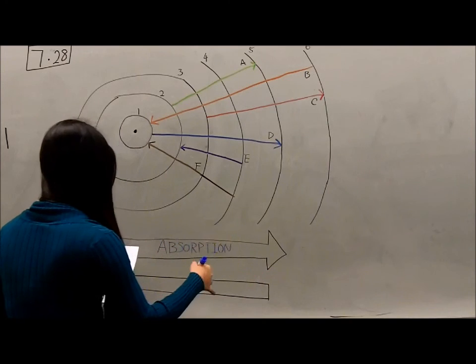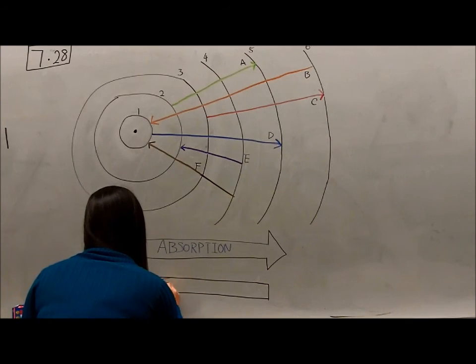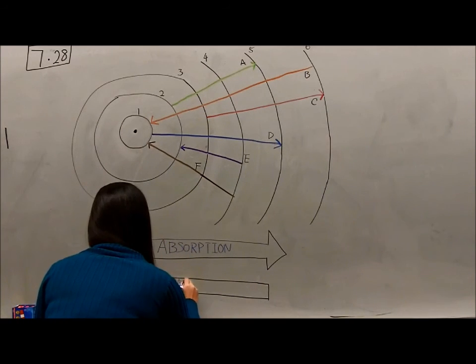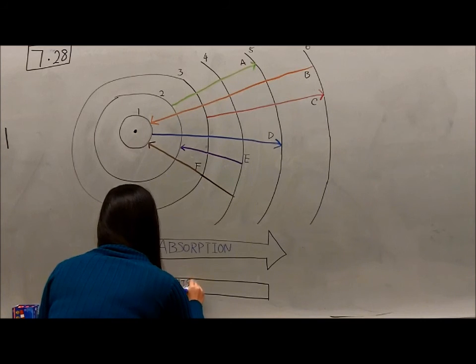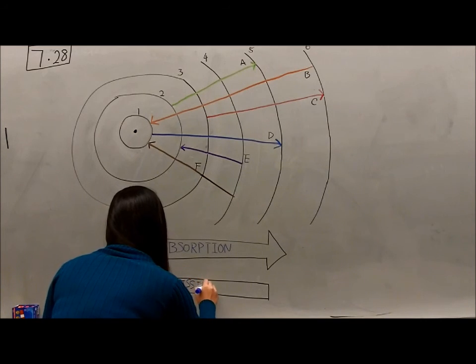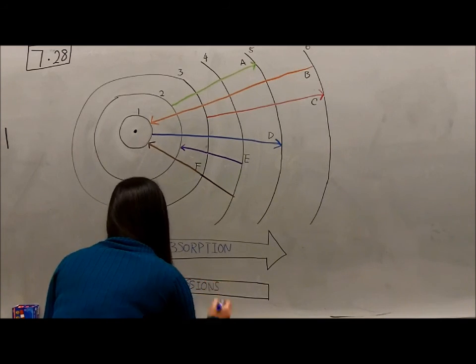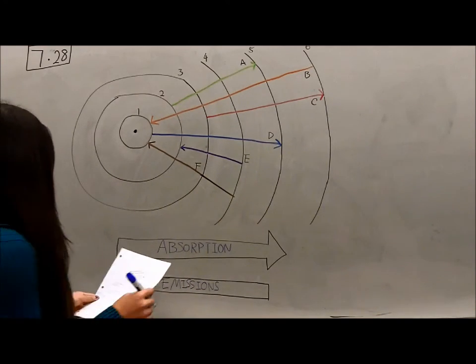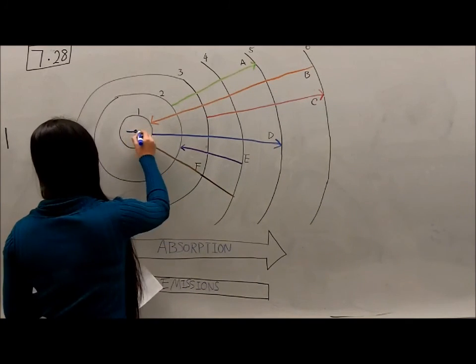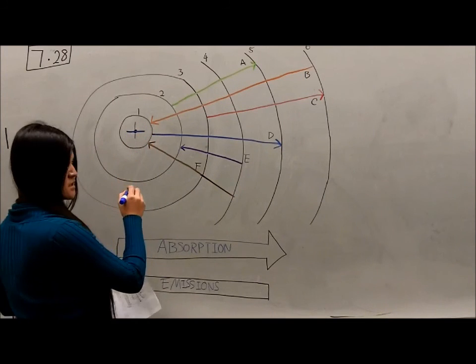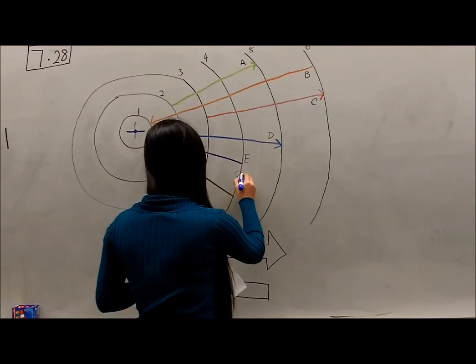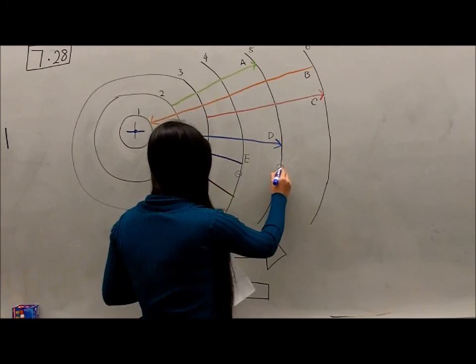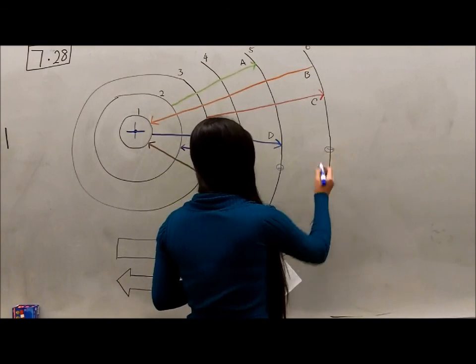And emission goes the other way. So emissions are right here. And the reason for that is you have right here in the center a nucleus, which is positive, and you have all these little electrons on the outer energy orbitals.